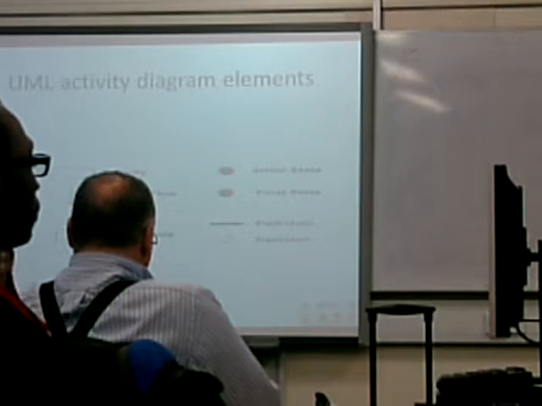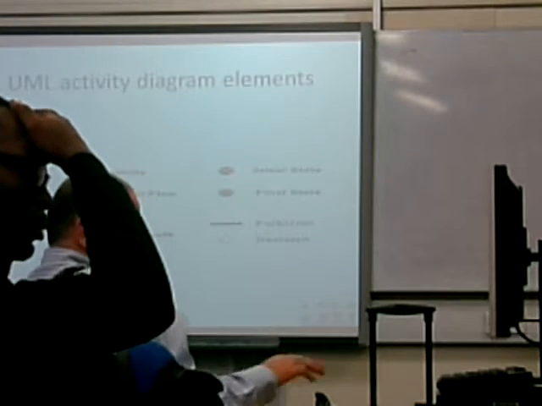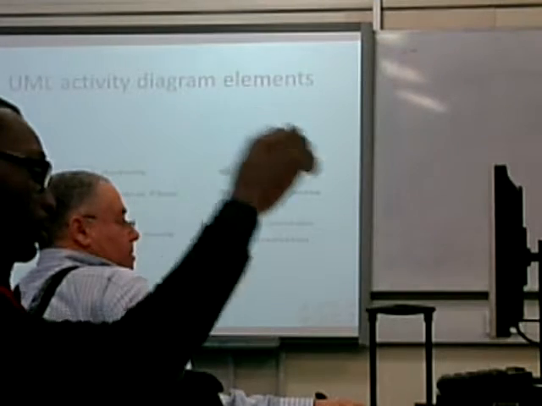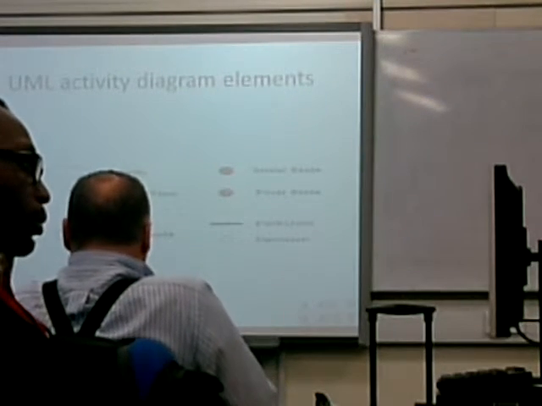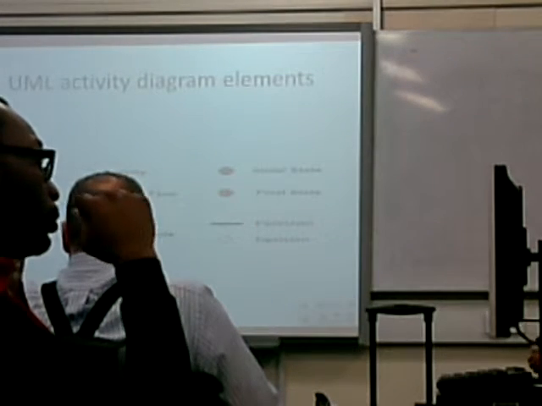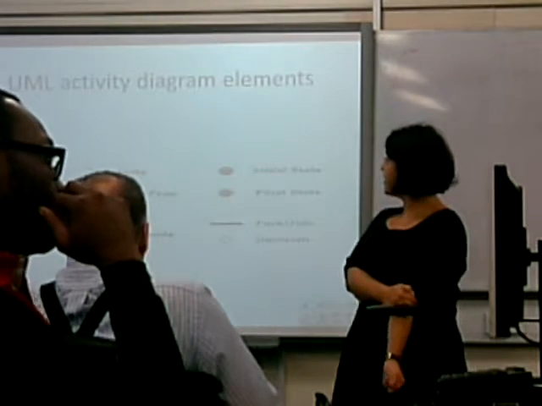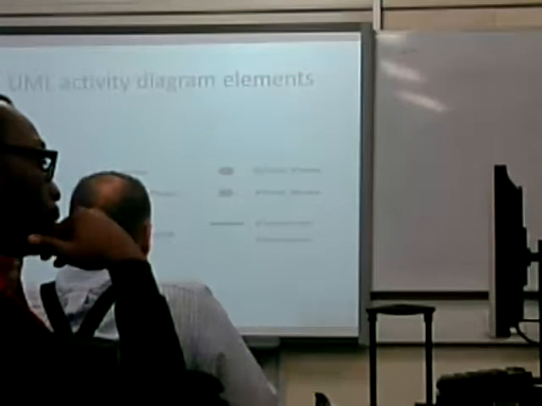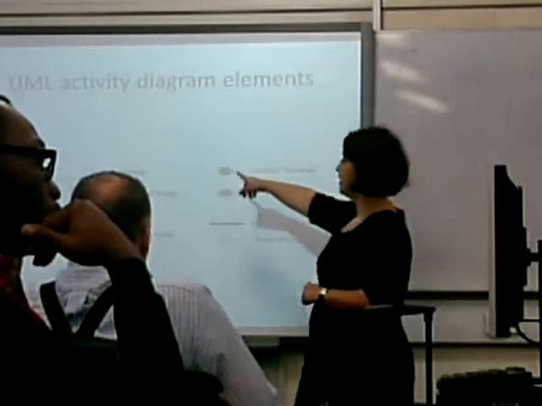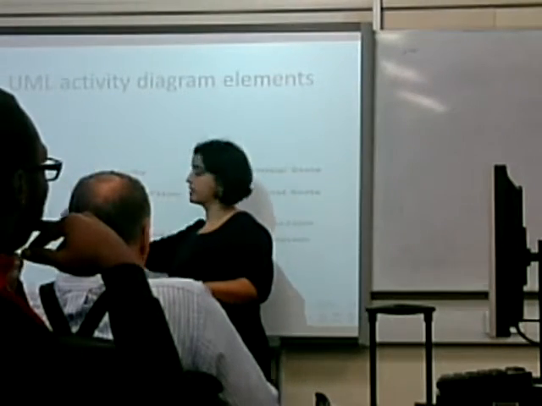Okay, hopefully you're all familiar with UML activity diagrams, and this is just a reminder of what they are. The activity diagram has a number of elements. So they have activity, and this is how you describe an activity.